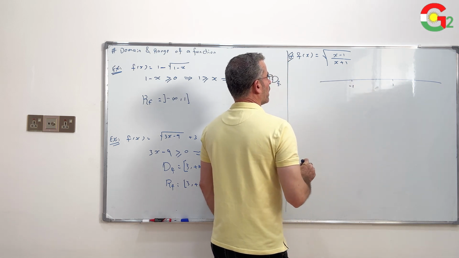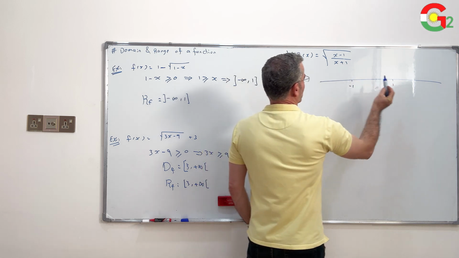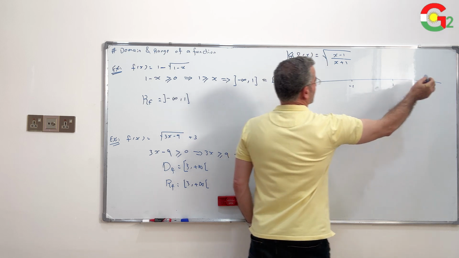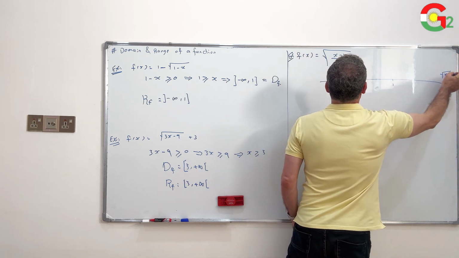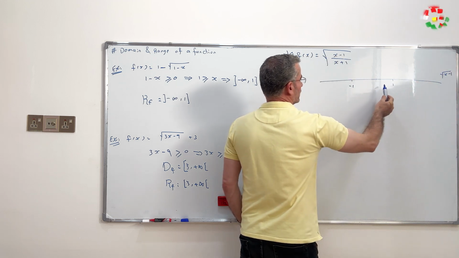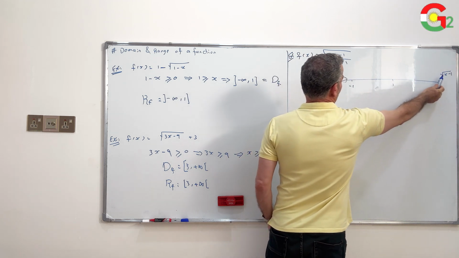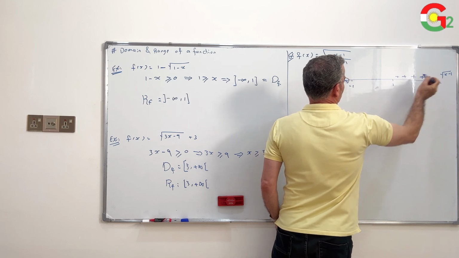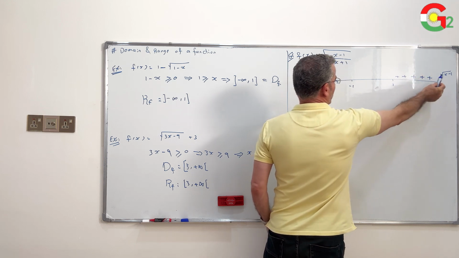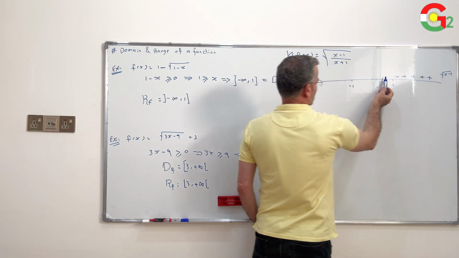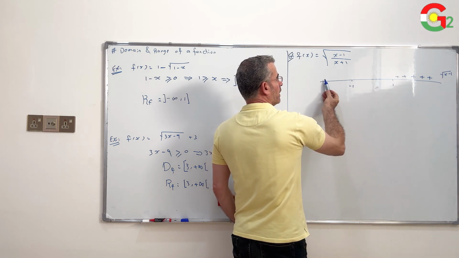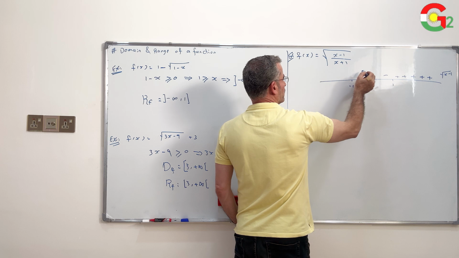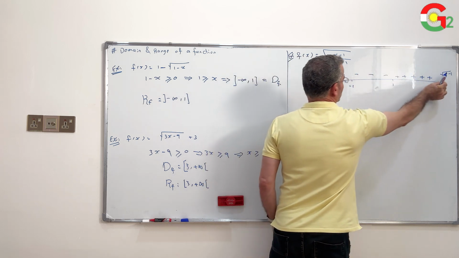So, when x is greater than 1, the function x minus 1, is the value positive or negative? It is positive. 2 minus 1 is 1, it is positive. When x is less than 1, the value of this is negative.